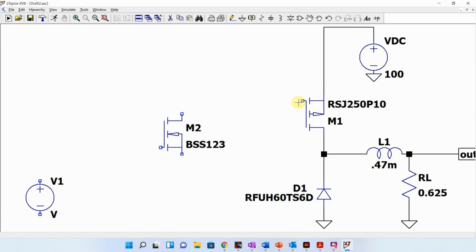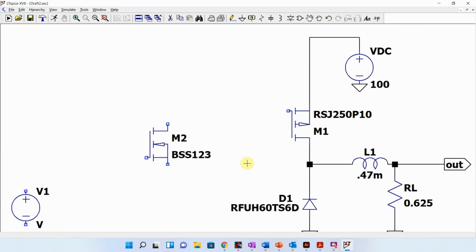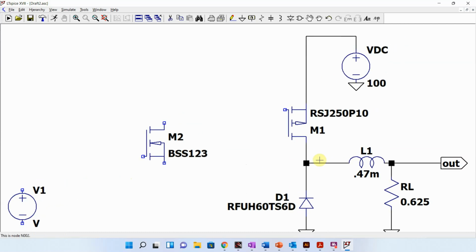Now, you see our source is 100 volts and we want our gate voltage to be switching up to 80. So we're going to want the voltage at this point to be changing from 80 to 100, not from 100 all the way to 0.